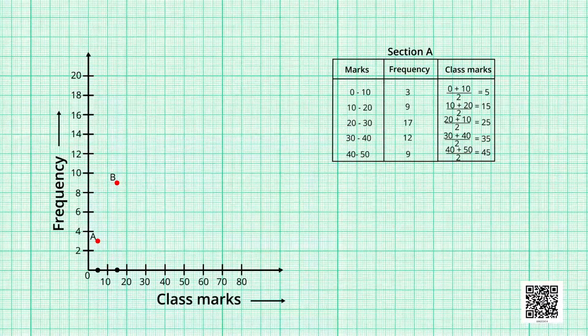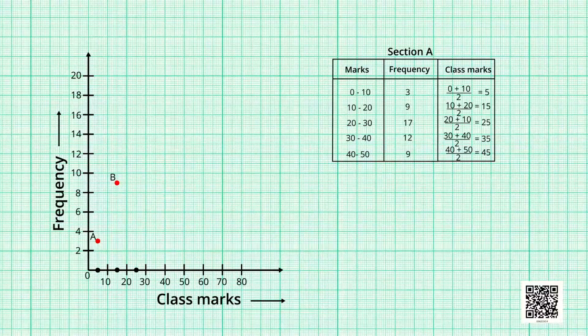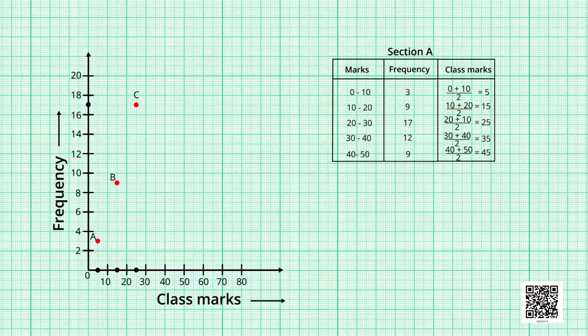Next point would be 25, 17. 25 on x-axis means midway between 20 and 30. And 17 on y-axis is the middle point between 16 and 18. So here the intersection of these two lines gives us the point C, that is 25, 17. What is the next point?